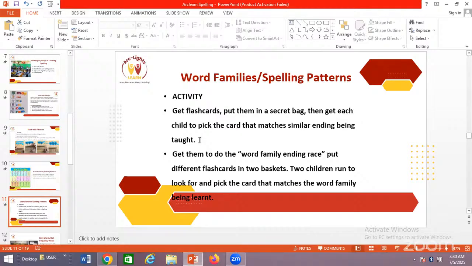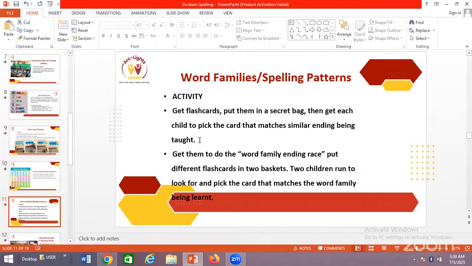I love outdoor learning. You could take them outside. Get them to do the word family ending race. How do you do this? Depending on your class, you may have 10 children in your class, then you don't need more than 2 baskets. You may have 25 children, then you know that 2 baskets won't be enough because of time. So you could have 4 baskets, 5 baskets.